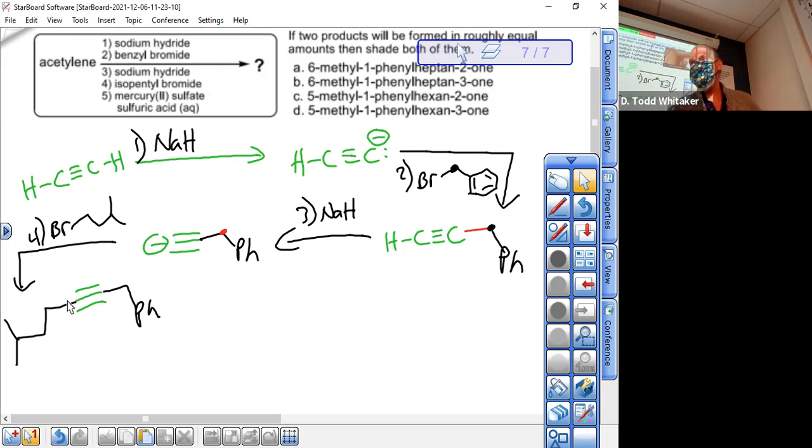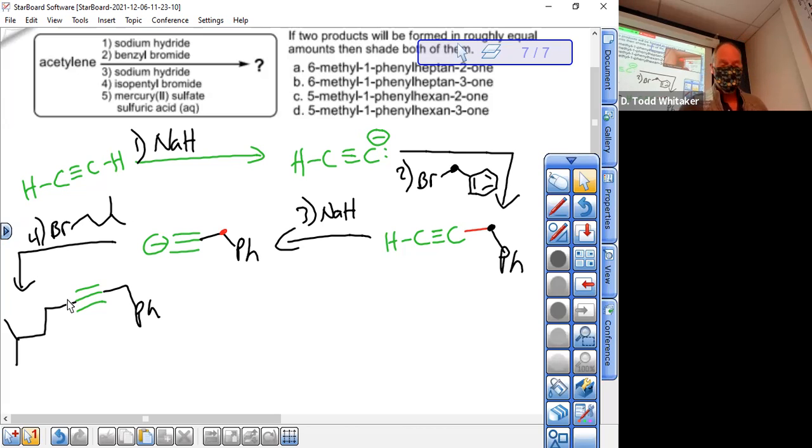If it's a terminal alkyne, that's when you have to be more careful. Terminal alkyne, the HBSia reaction gives an aldehyde on carbon number 1, and the mercury sulfate way gives a ketone on carbon number 2. That's only for terminal alkyne.